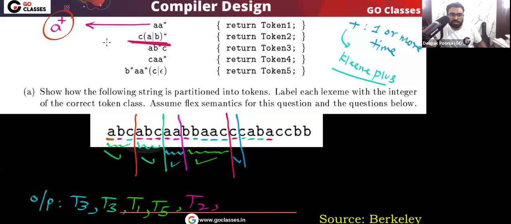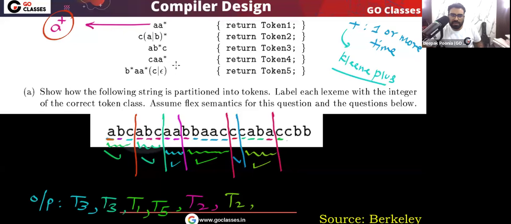This is still in the race, because C followed by any sequence of A comma B. Then again C. Now all of them are out of the race, because in the second regular expression, C followed by any sequence of A comma B, but after A comma B, C should not come. So you go back and you find what was the last matching point. What was the last match? This is CABA. This is the last match matching with token 2. Very good. Excellent. Now let's see the next.